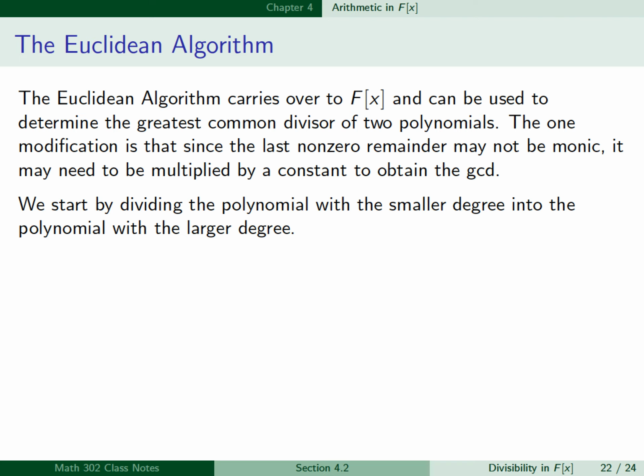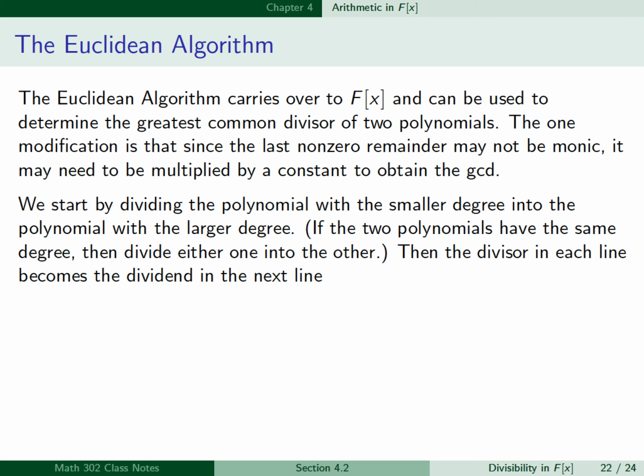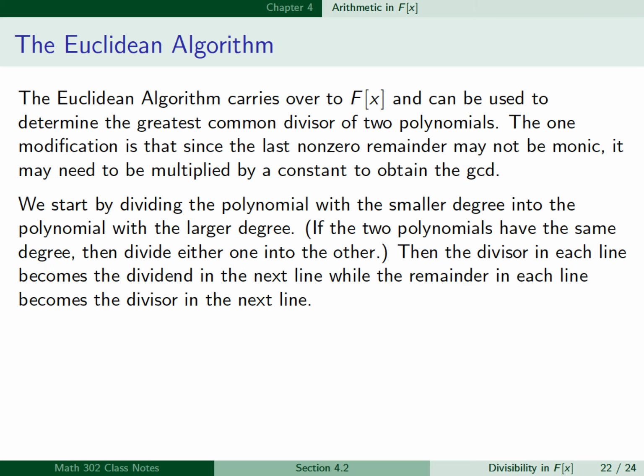We start by dividing the polynomial with the smaller degree into the polynomial with the larger degree. If the two polynomials have the same degree, then divide either one into the other. Then the divisor in each line becomes the dividend in the next line, while the remainder in each line becomes the divisor in the next line.